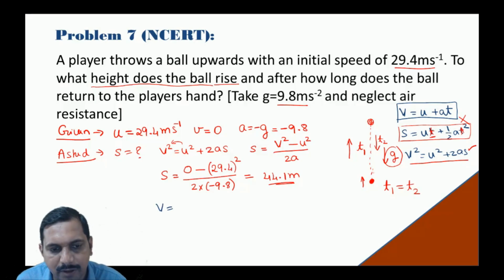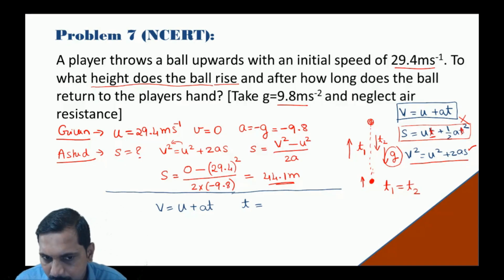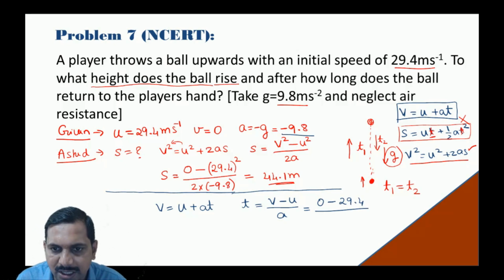So let us use v = u + at. What is required for us is time. So time is equal to v minus u divided by a. What is v? v is 0, minus u, which is 29.4, divided by acceleration, minus 9.8.